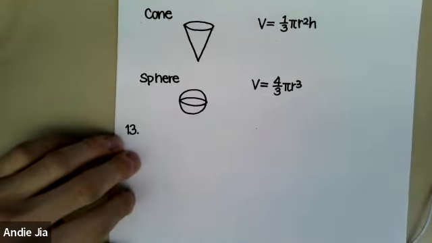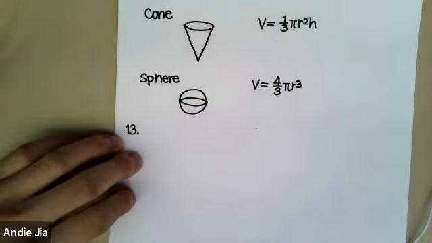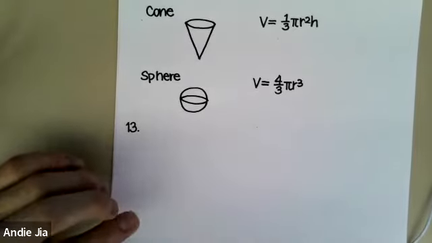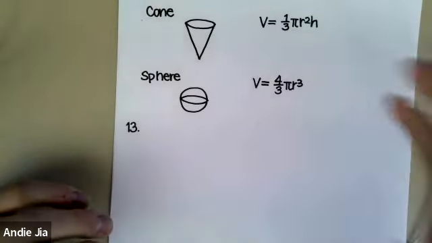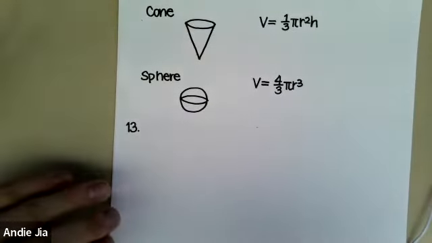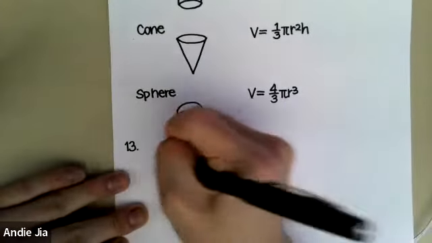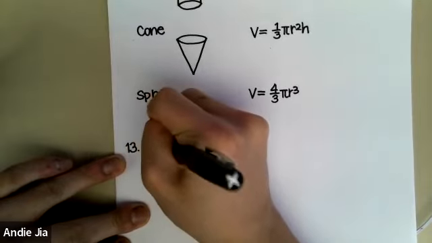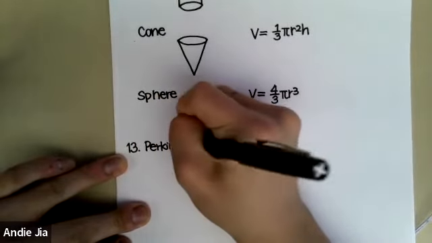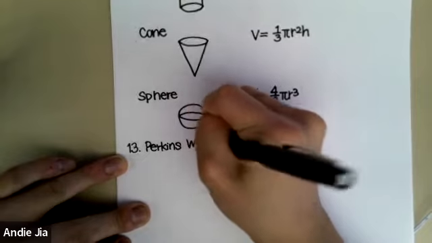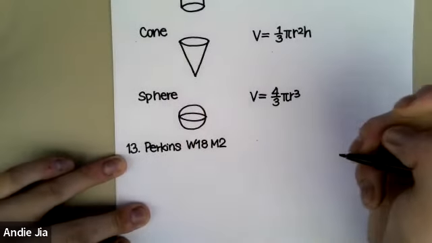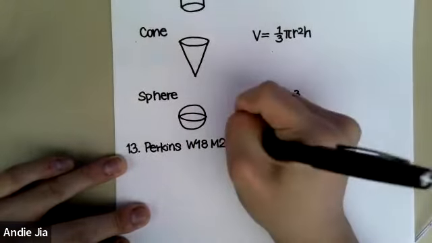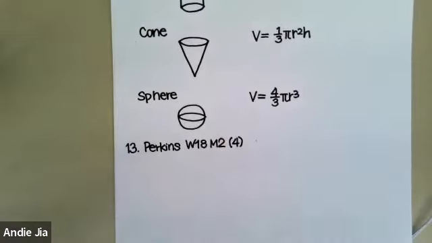So the question is a flashlight on the ground 30 meters from the wall, and the person is walking 6 feet from the wall. This is Perkins, winter 18, midterm 2, question 4.